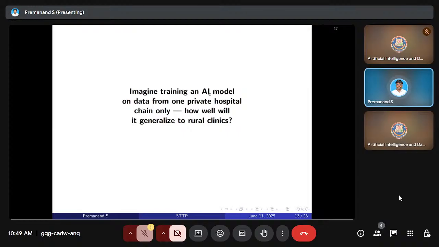And the next thing is, imagine training an AI model on data from one private hospital chain only. How will it generalize to rural clinics? Because in our college itself, VIT, many of the researchers are tying up with specific hospitals, either ophthalmology related or ECG or EEG related.